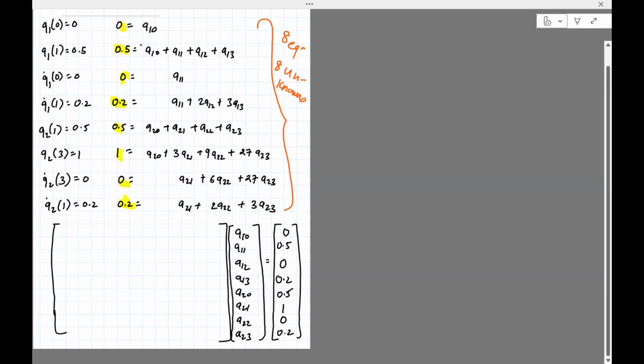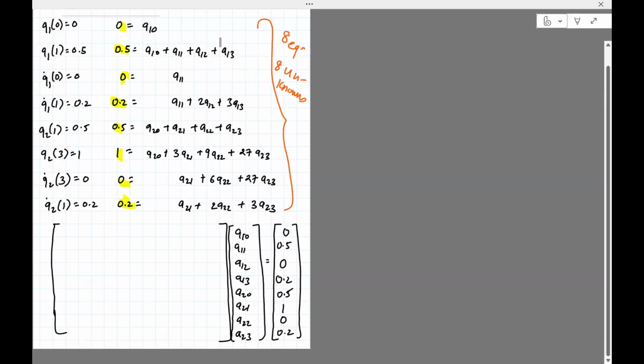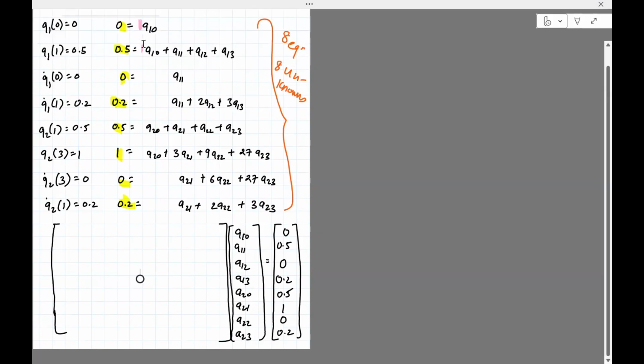Okay, and then the last thing is I need to get these constants in front in the right place. This is actually not very hard now, because you see that the first four equations are only related to the first four constants. So the first one will have a 1 for A10, so it'll be 1, then 7 zeros.